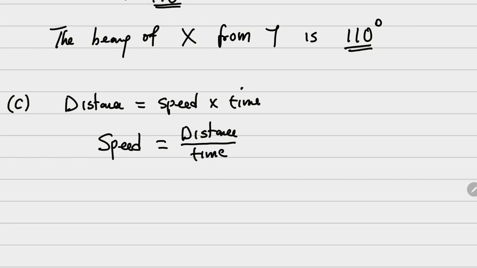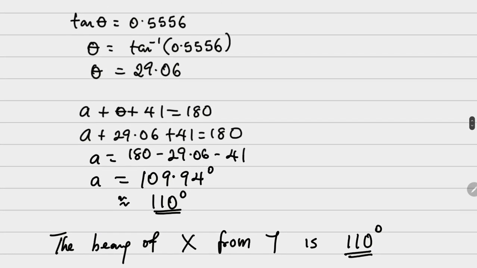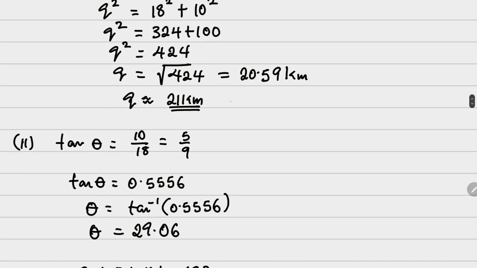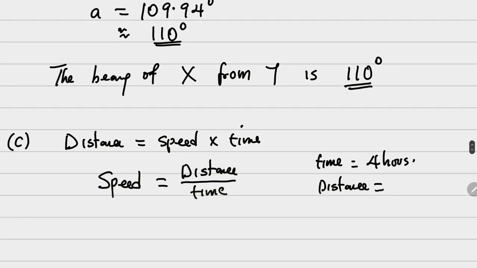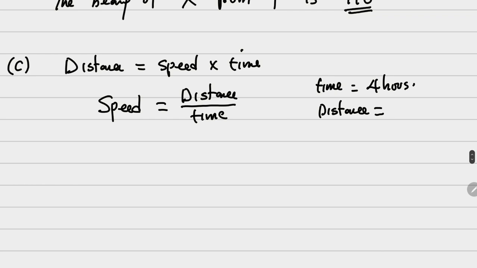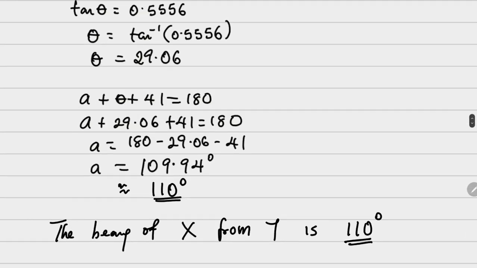Now in this case, we found out that the time is 4 hours. Then the distance between X and Y, we've calculated it, which is this Q. This distance XY, which is 21 kilometers.